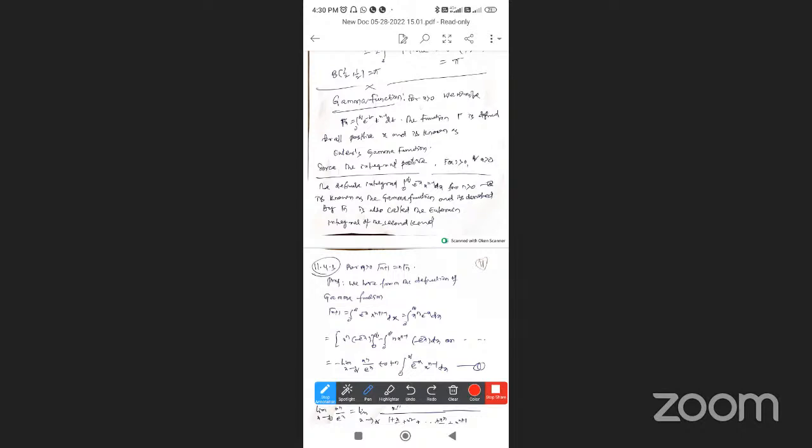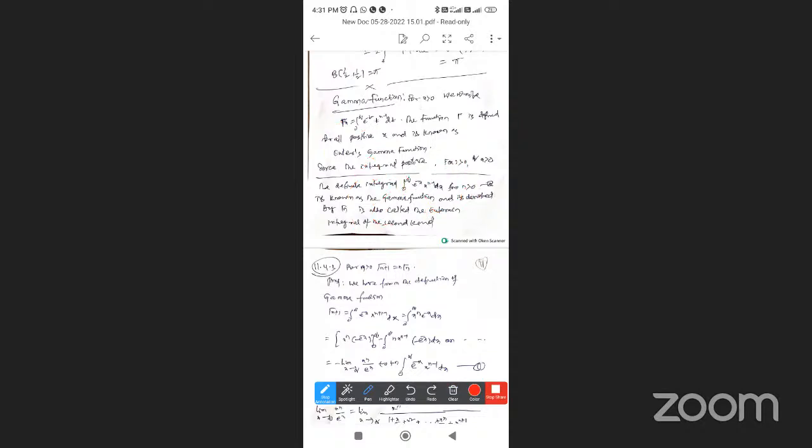Gamma n can also be written as the integral from 0 to infinity of e power of minus x, x to the power of n minus 1 into dx. That is gamma n.